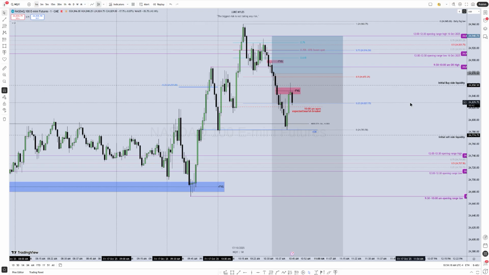Looking at the 10 a.m. red line there, I'm looking at how the market reacts off this. If we can close below that, or we can use that to go into discounts. If that candle closes below that, that would be great. Just say that, like I jinxed it. Just said it and it went in the other direction.